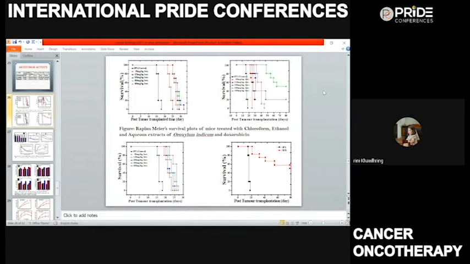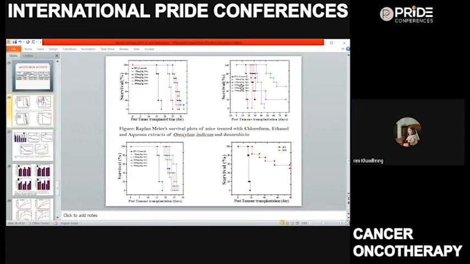And this slide gives the survival plots of mice treated with the different extracts, as well as doxorubicin, which was used as a positive control. So these black lines are in case of the negative control, which did not receive treatment.